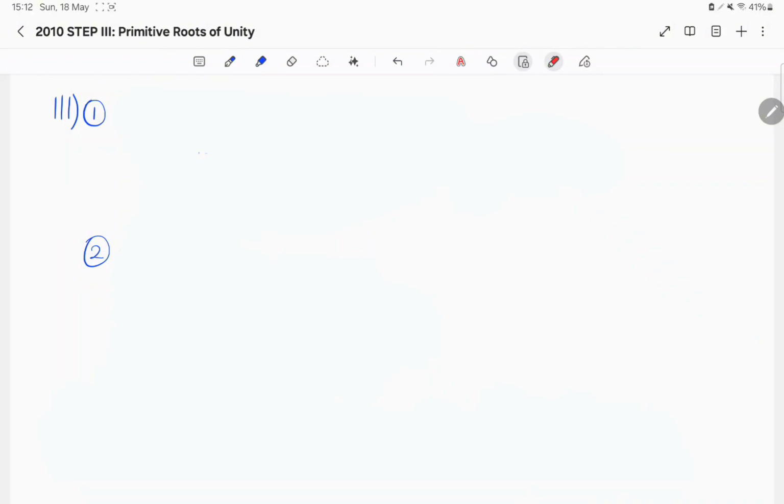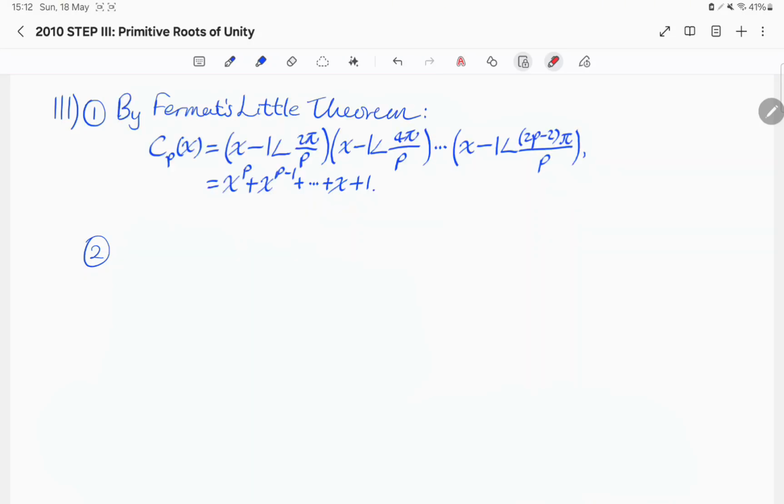There are two methods of solving this question. The first method is by directly using Fermat's Little theorem, which is a topic covered in OCR Additional Pure or Edexcel Decision Maths 2. Let's first do method 1.